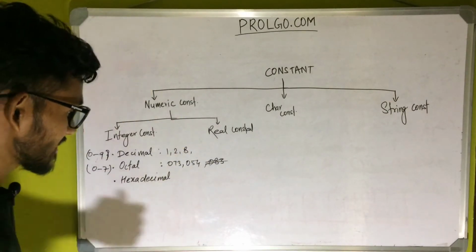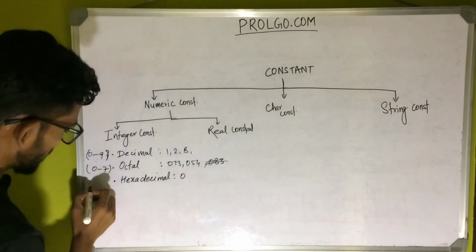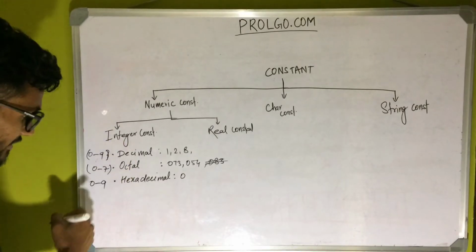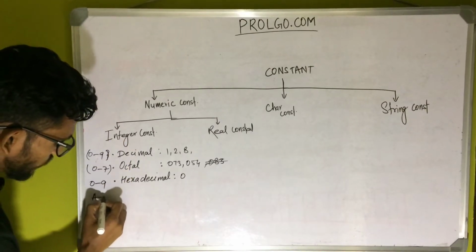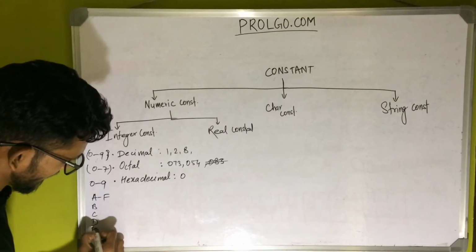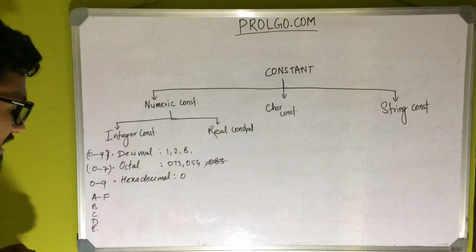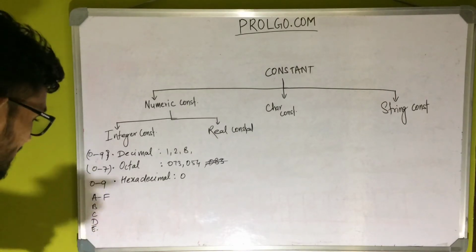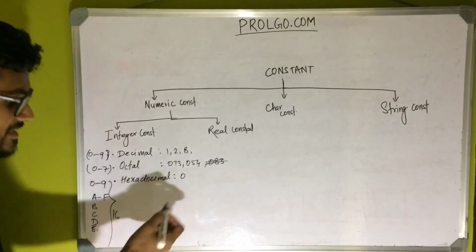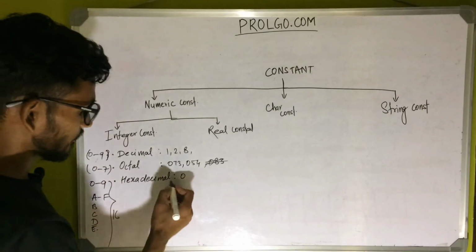Then comes hexadecimal. In hexadecimal the range is 0 to 9, which is 10 digits, and then A, B, C, D, E, and F, which is 6 more. So the total number of digits is 6 plus 10, that is 16. So hexadecimal contains a total of 16 digits.